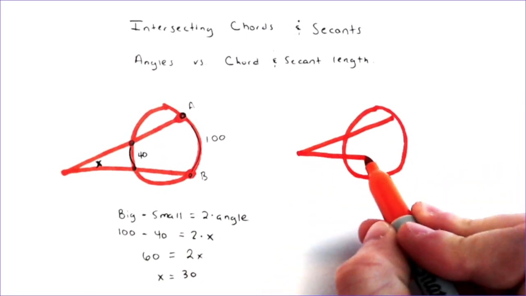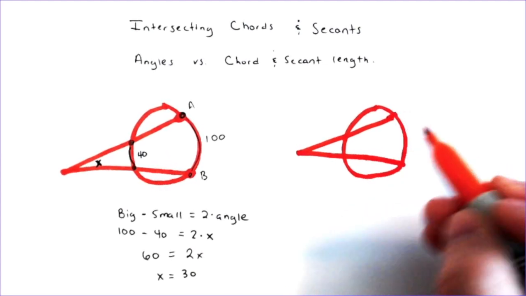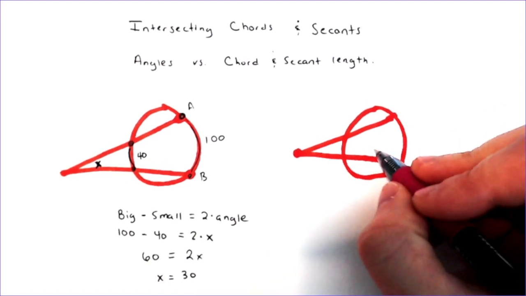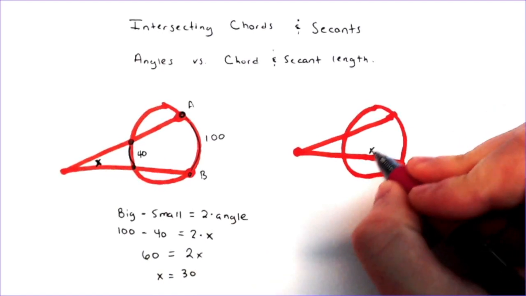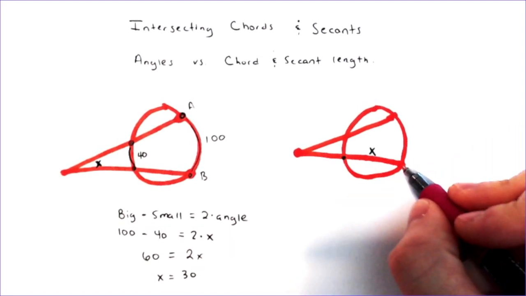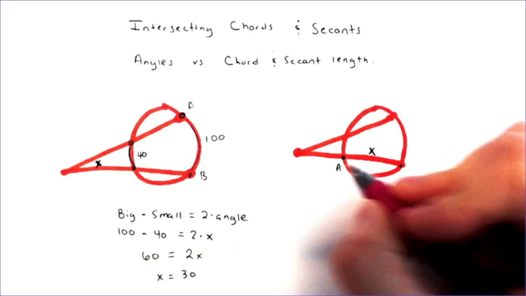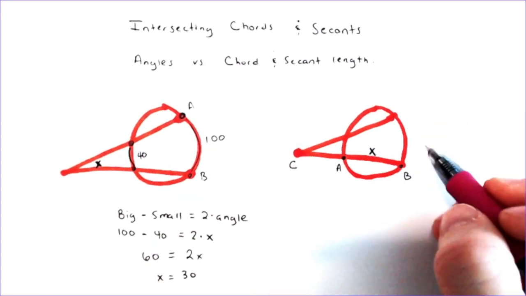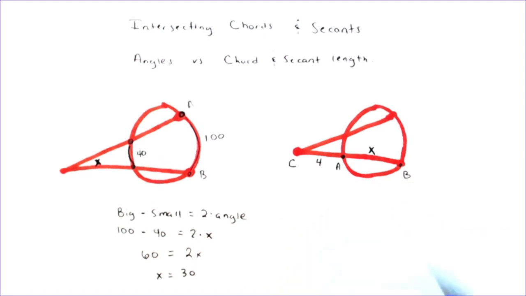So we got secant number 1, secant number 2, intersecting right there. And in this case, the X is going to most likely be on the inside of this chord, but if you lengthen it, it's a secant. So we'll call that AB. And then you'll also have a length from A to C, which could be 4.